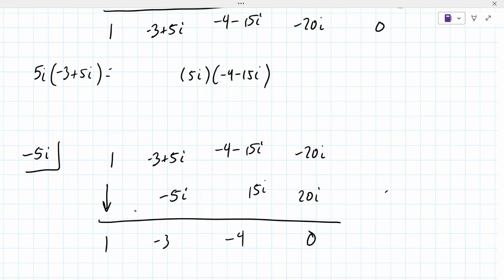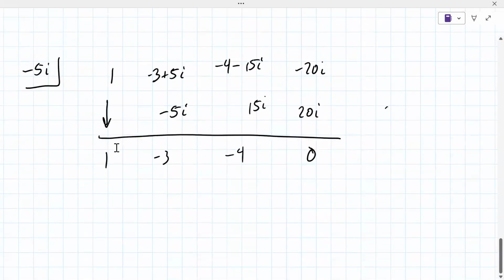Oh wait, I think I realized where my mistake was for the question. Also 20. Yeah, now I got the right answer. Okay, fantastic. So see if you can factor this last one here.